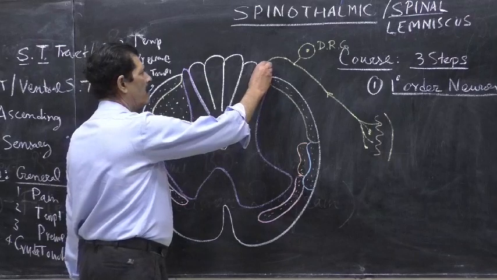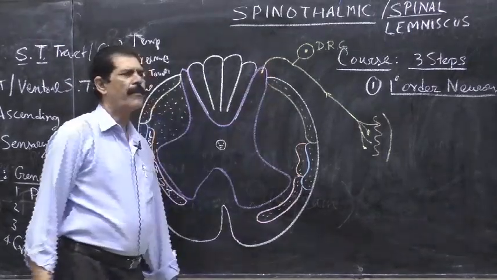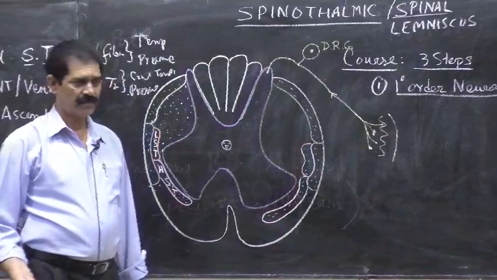Here, this nerve, the first order neuron, will divide into many ascending and descending fibers.